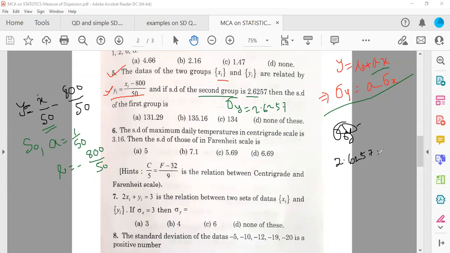Sigma y, the value is given here, is equal to a. What is a? a is this 1 by 50 into sigma x.